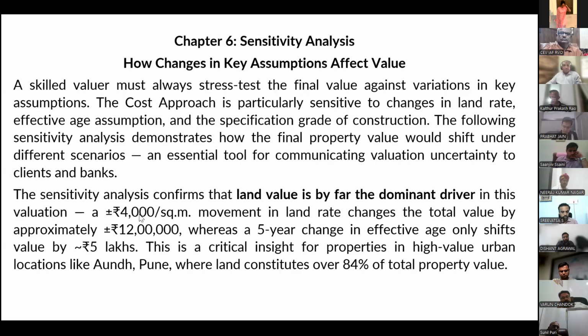So if you increase or decrease the value by 4,000 per square meter for the land, the total value will change by approximately plus minus 12 lakh.